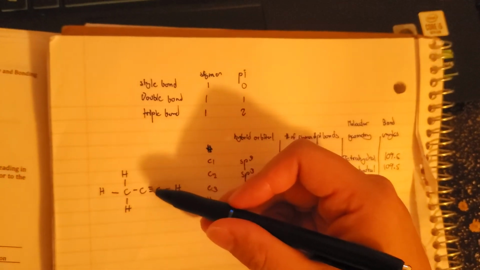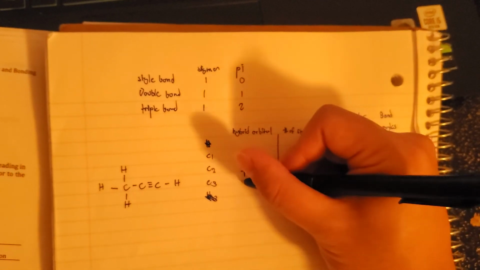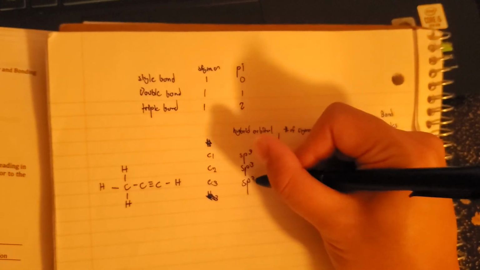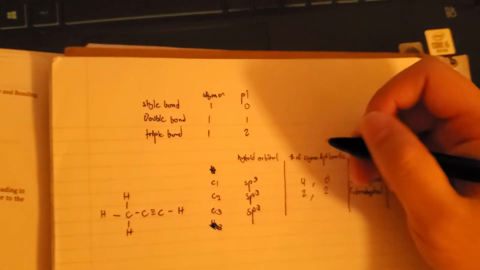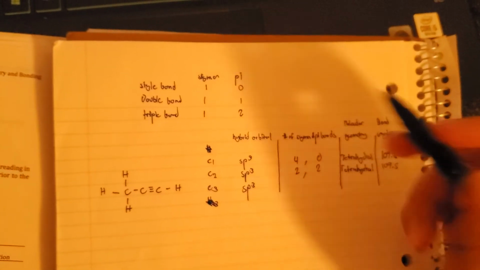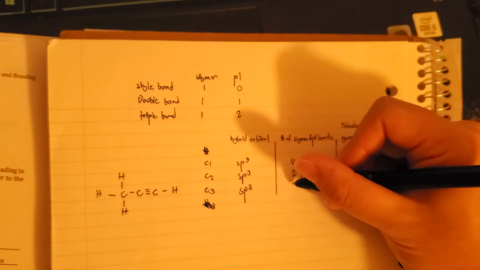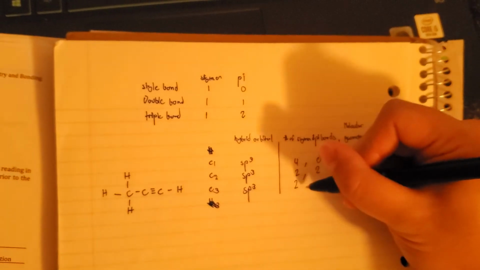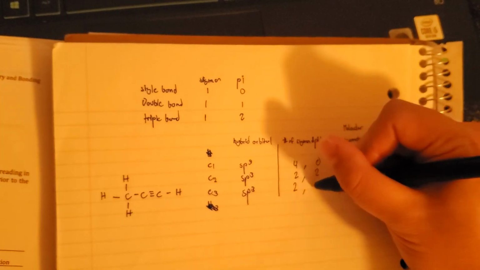For the hybrid orbital, it's one, two, three, four, so that gives it a hybrid orbital of sp3. It has one triple bond and one single bond like the second one, so that gives us 1 plus 1, 2 sigma bonds, and 2 pi bonds.